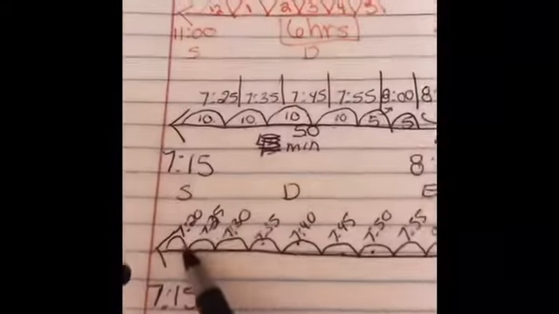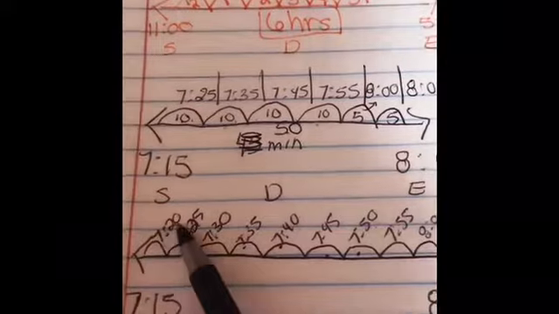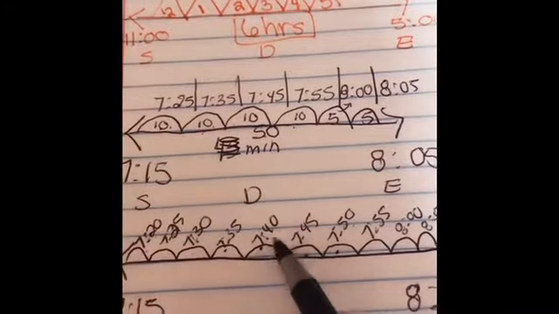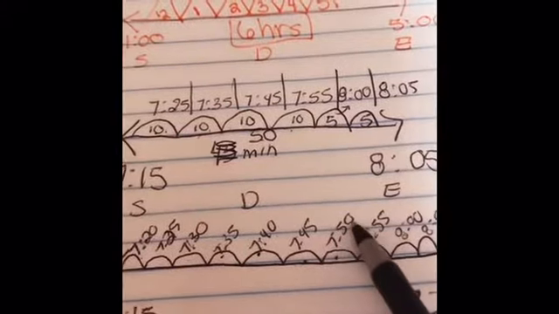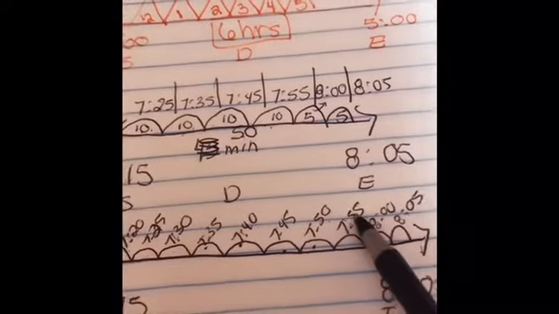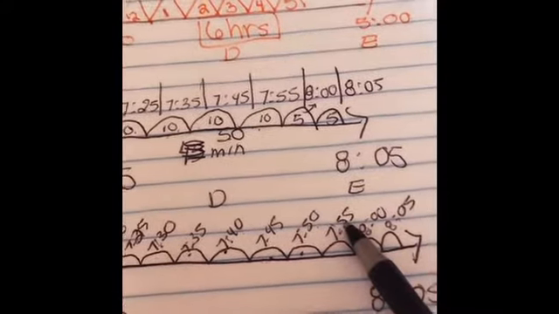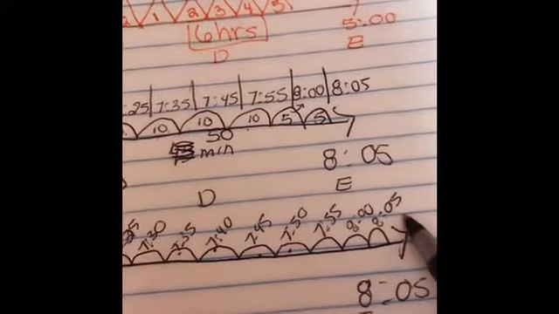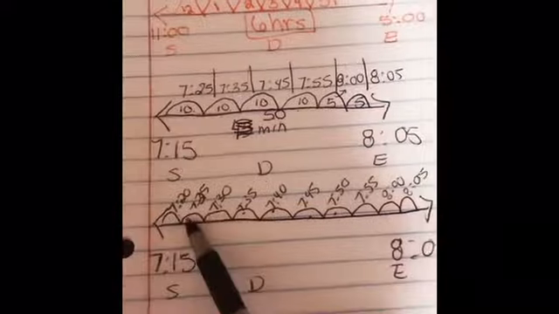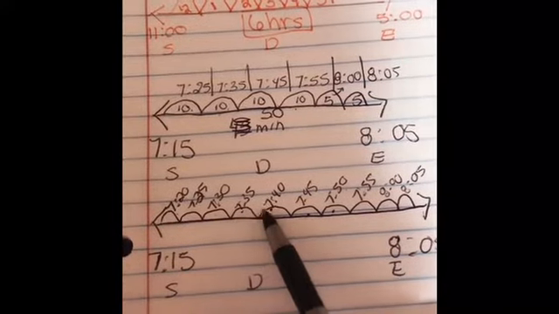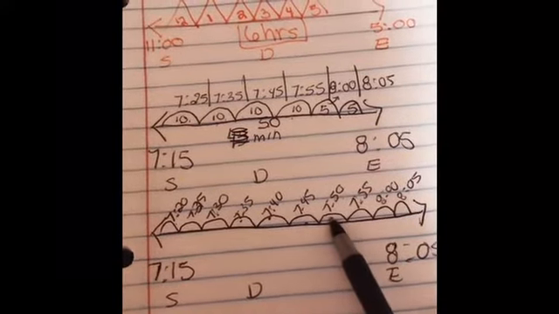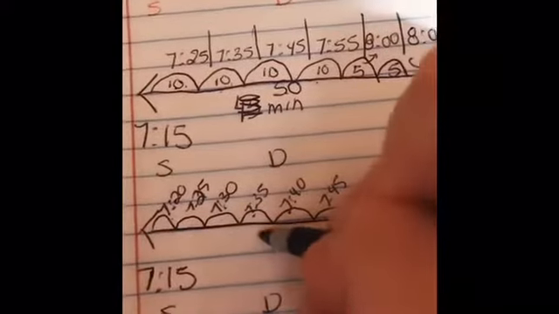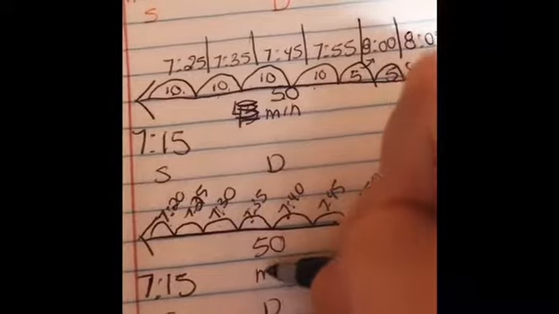Same problem with hills of 5: 7:20, 7:25, 7:35, 7:40, 7:45, 7:50, 7:55, 55 plus 5 makes 60. 60 makes the next hour, 8:05. We're going 5, 10, 15, 20, 25, 30, 35, 40, 45, 50. Our elapsed time is 50 minutes.